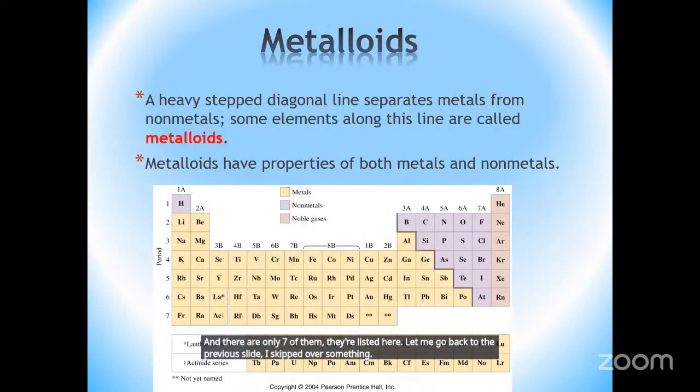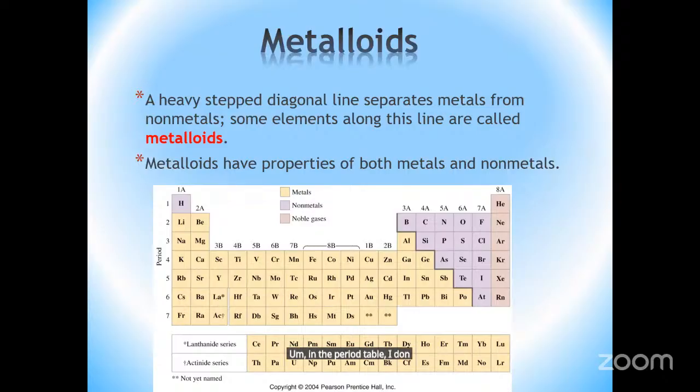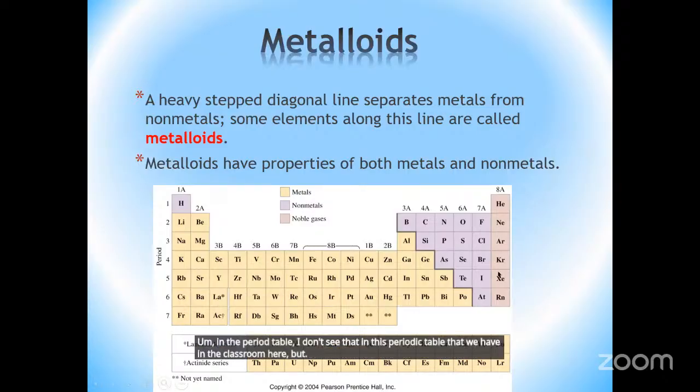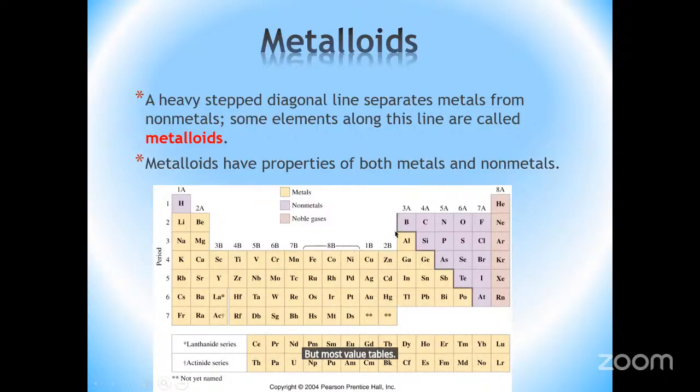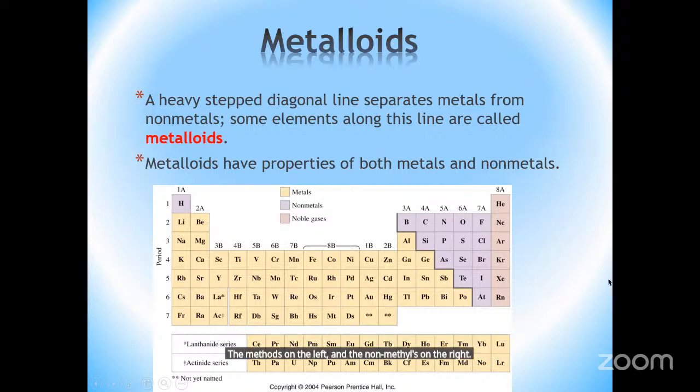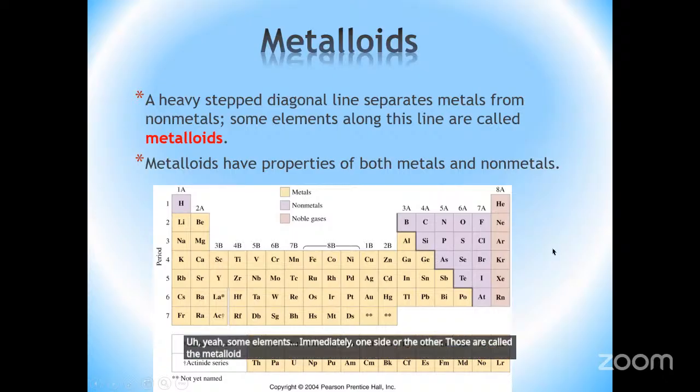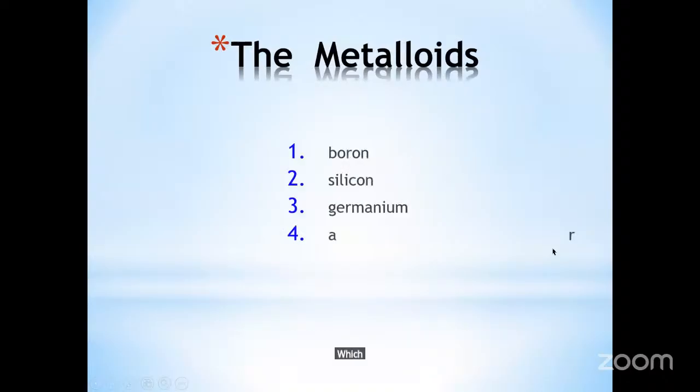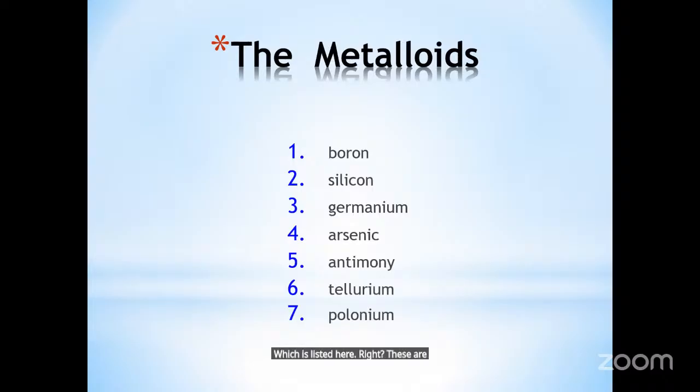I don't see that in this periodic table that we have in the class here, but for most periodic tables, you see a thick, stepwise line, which basically represents the line of demarcation between the metals on the left and the non-metals on the right. And you have some elements immediately on one side or the other. Those are called the metalloids. And there are 7 of them, which is listed here.